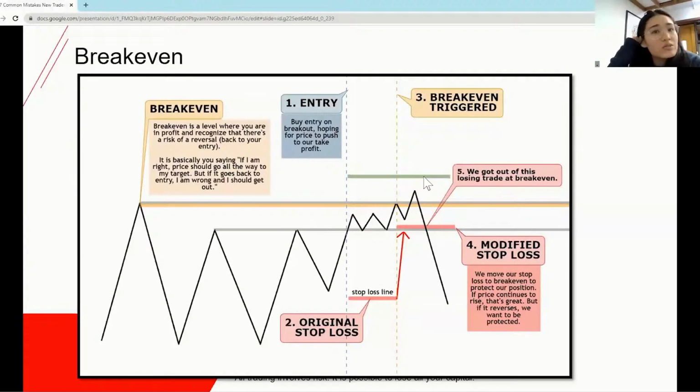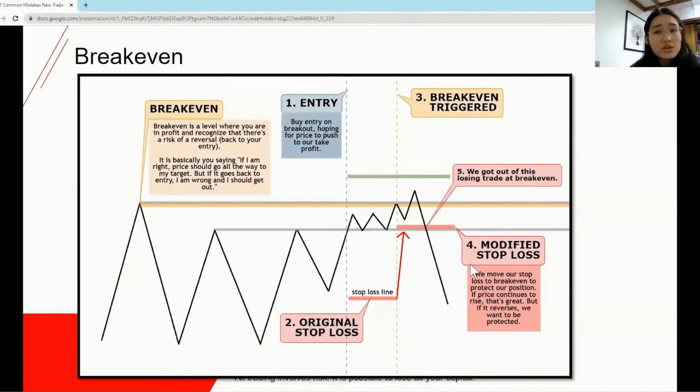So take note of our original stop loss at number 2, over here, at our swing low support. At number 3, when the break even is triggered, price reaches our break even level and reverses off it. Hence, we move our stop loss to the entry to protect our position. So we move it here instead.